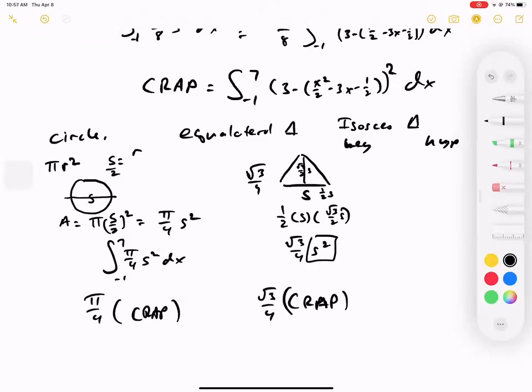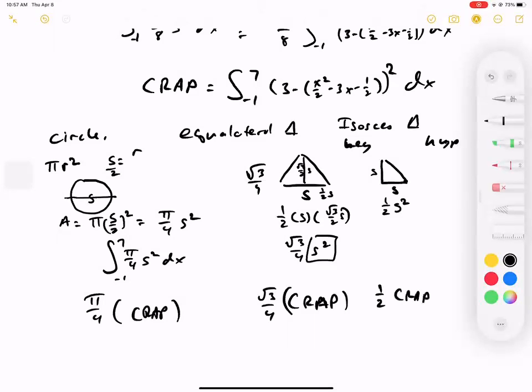Because it's the same formula over and over again. The only thing that changes is that front constant. Let's do the legs. If the leg is my S, then to find the area, that's going to be 1/2 S squared. So it's going to be 1/2 crap.